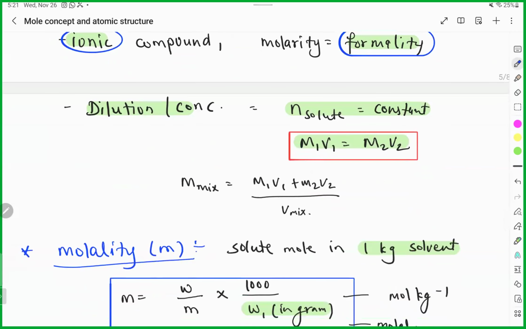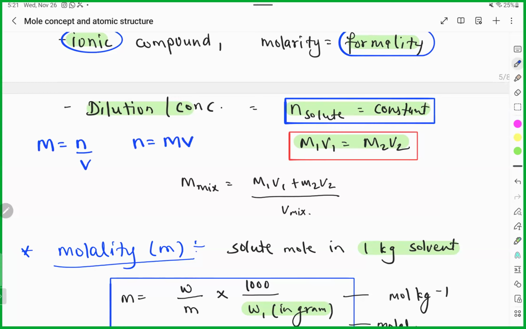If you dilute the solution or you concentrate it, the number of moles will be constant. And if the number of moles is constant, molarity is equal to number of moles per unit volume. So what will be the number of moles? Molarity into volume, right?